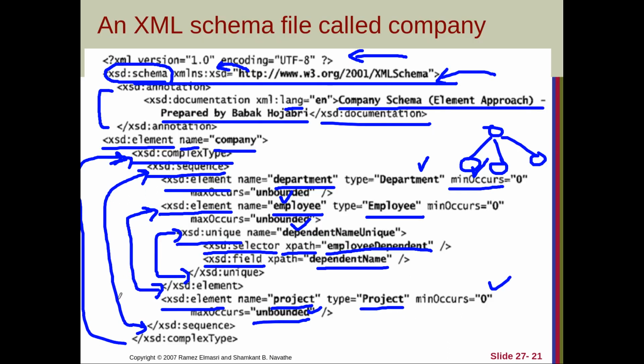Next, keyref again, project number key and project number, they are also being referred to each other. Then finally we are closing the xsd:element, where we started the xsd:element, that is the company, that is being closed here.